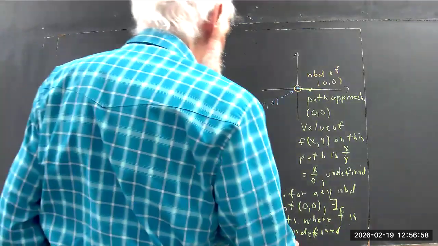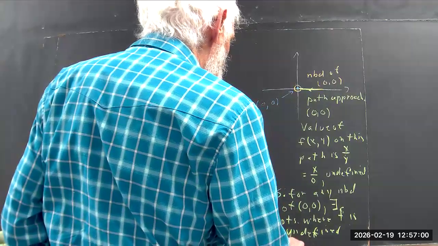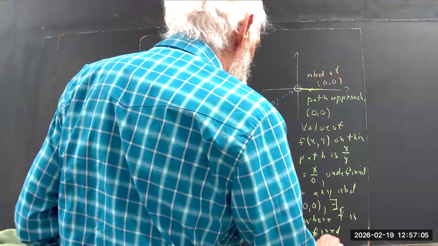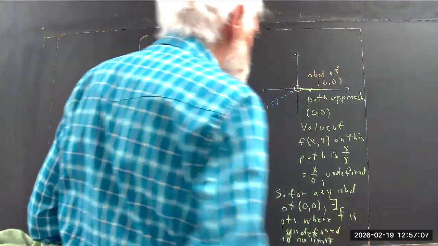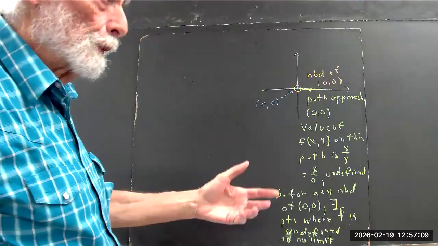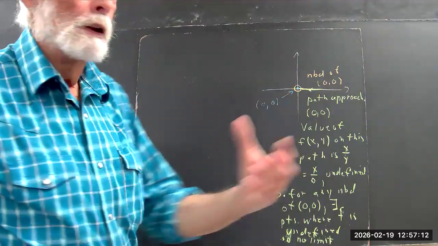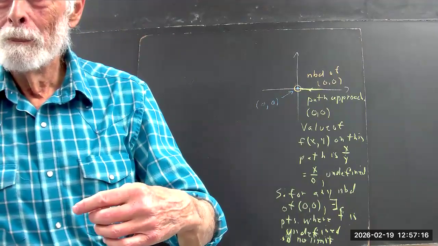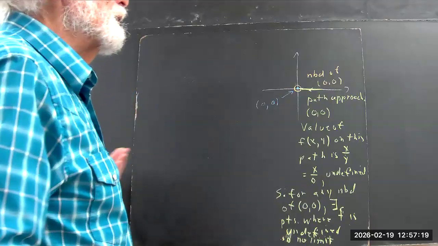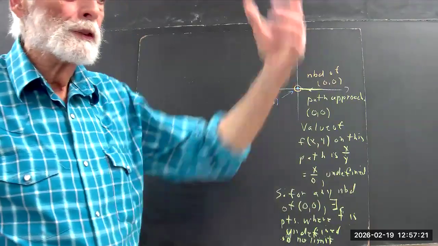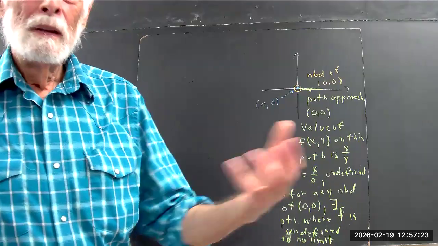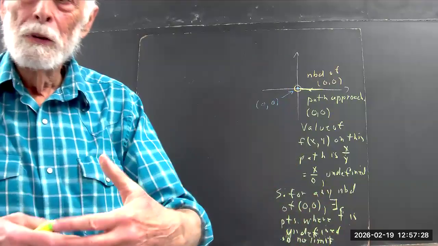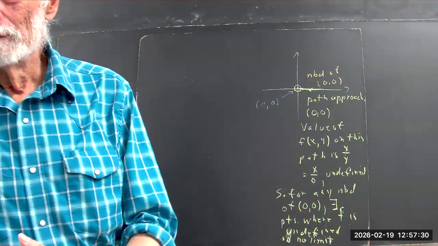Therefore, no limit, because again, this path goes all the way up to, but not including, (0, 0). So you can't just say the limit is 0 over 0. 0 over 0 is undefined, but the limit as you approach might or might not be defined.